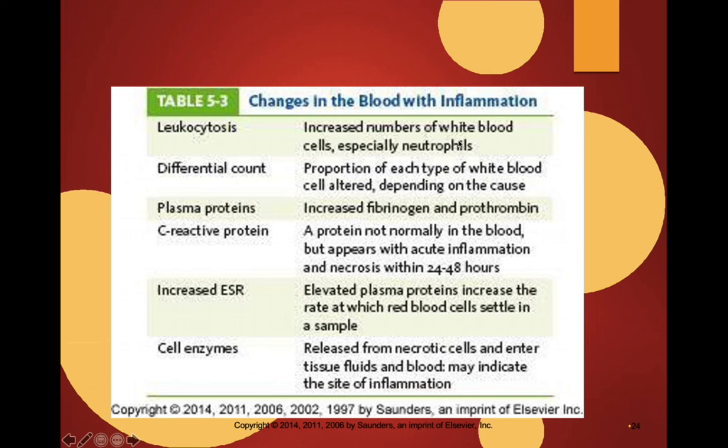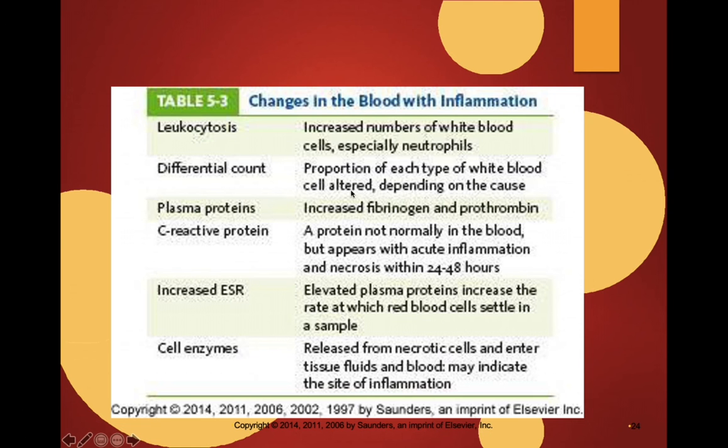Leukocytosis, an increase in the number of white blood cells, especially your neutrophils. A differential is a proportion of each type of white blood cell, right? So if you have an allergy, maybe your eosinophil count goes high. If your neutrophils go up, then maybe there's a bacterial issue. If your lymphocyte count goes up, then there's a viral issue.